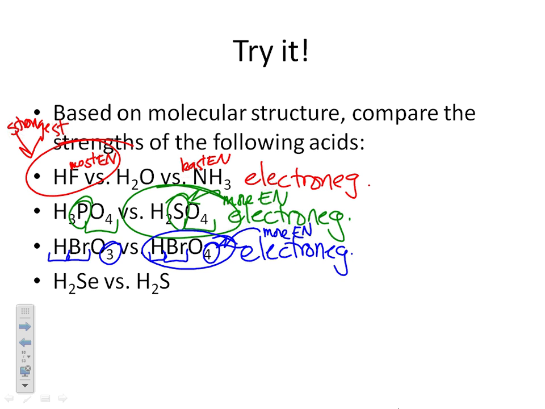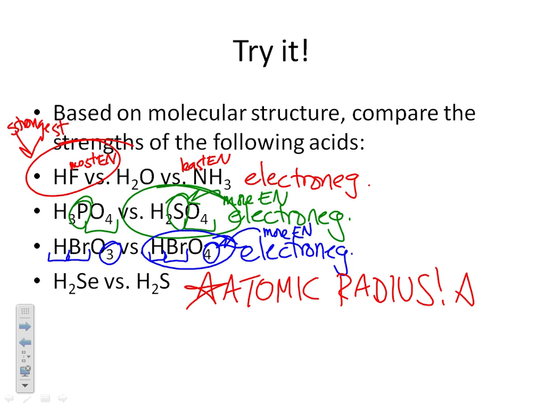This is a question of atomic radius, because now there is a significant difference in atomic radius between the sulfur and the selenium. If we check on our periodic table, we see that selenium has 4 electron shells versus sulfur only having 3.